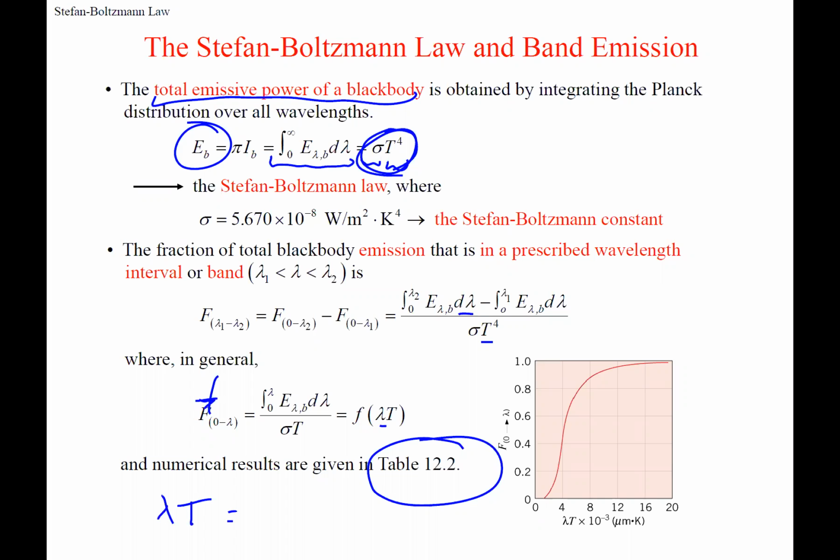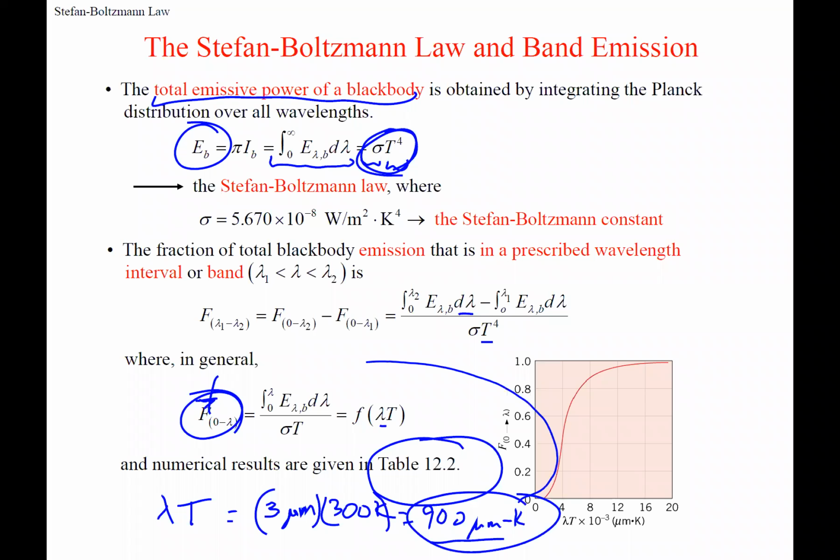So if we wanted to know it at 3 microns and 300 Kelvin, we would get 900 micron Kelvin, and we would go in the table, look for a row that has 900, and get our F value.